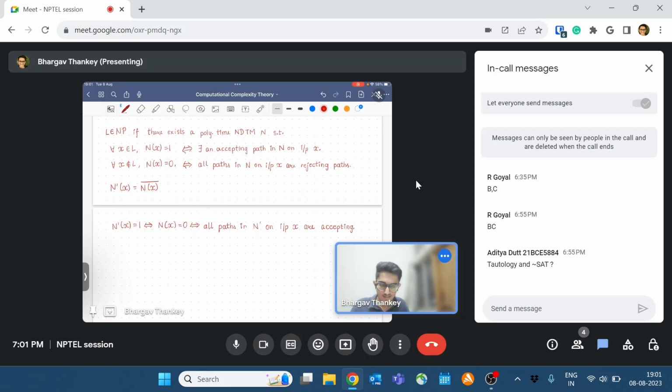Is this fine? Yes. So this tells us that N prime(x) is 1 if and only if all paths are accepting, right?